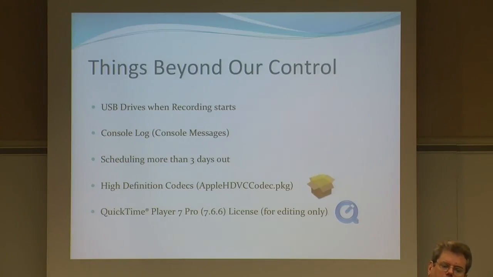So you would have to install the Apple HD codec for this app to do high-definition video. You get that from Final Cut Pro and Compressor. It was a package. But that's all changed, so I don't know how you get it now. And we use QuickTime Player. We like QuickTime Player Pro 7.6.6 for editing because it allows you to piece sections of files together, where QuickTime 10 doesn't allow you to do that.